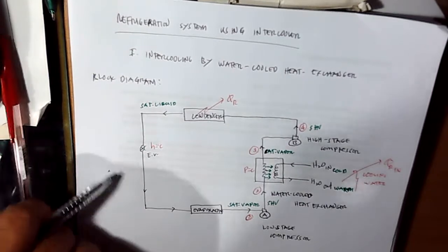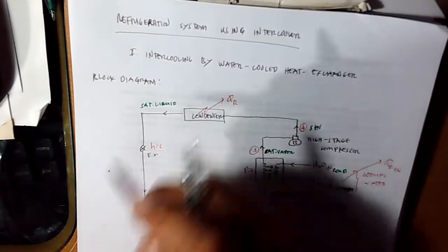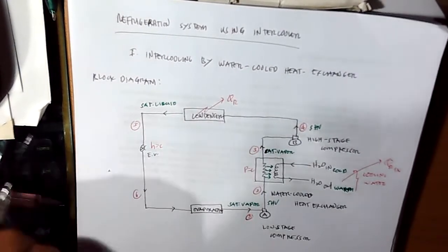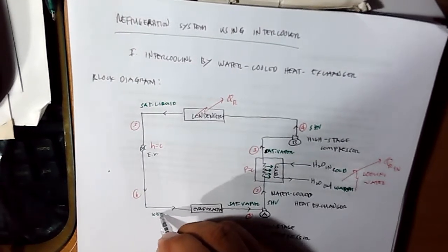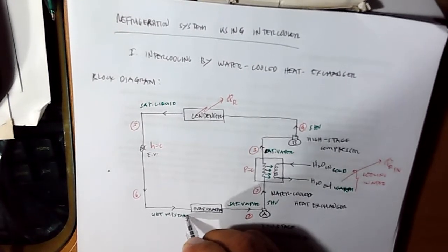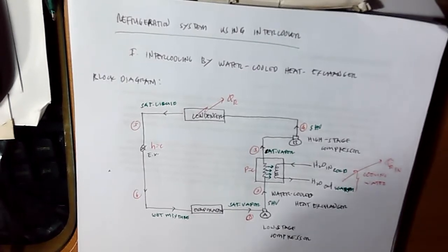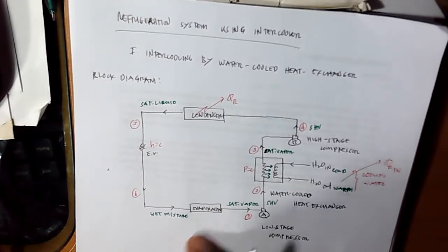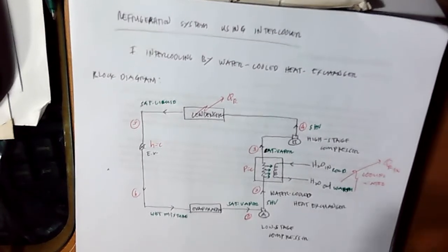At that particular point, this is your point 5 and then point 6, your saturated liquid will once again be converted into wet mixture at low pressure, low temperature, and then the cycle continues. You absorb heat coming from the load and then change wet mixture into saturated vapor, and so on.